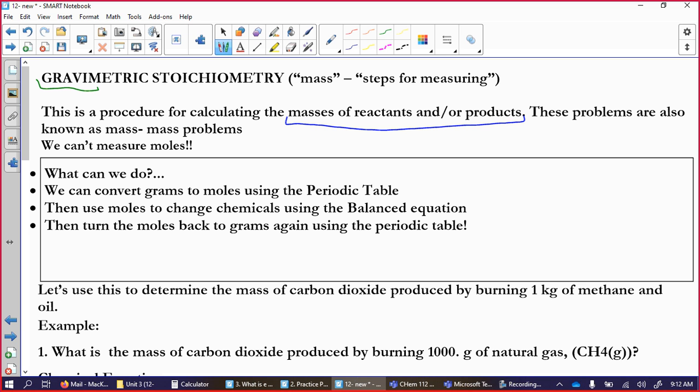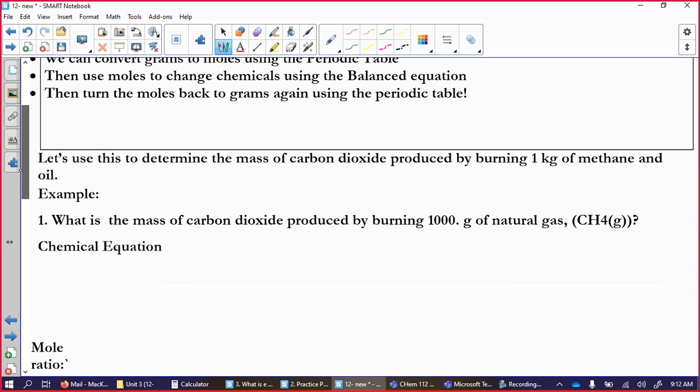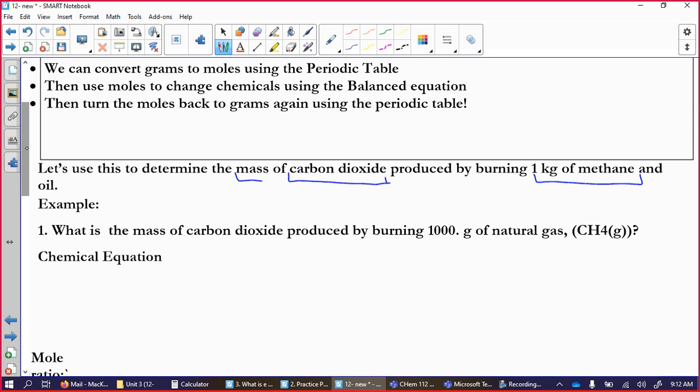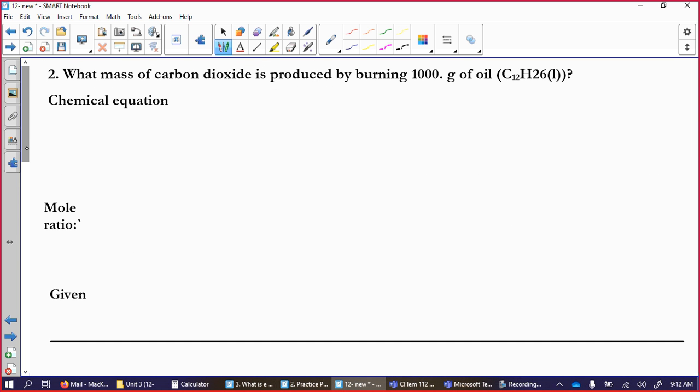And we're going to do this all in one big long calculation. So let's determine the mass of carbon dioxide, that's what we don't know, produced by burning 1 kilogram of methane.